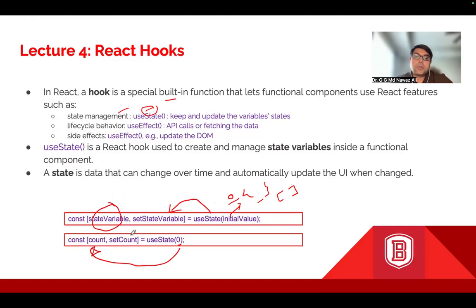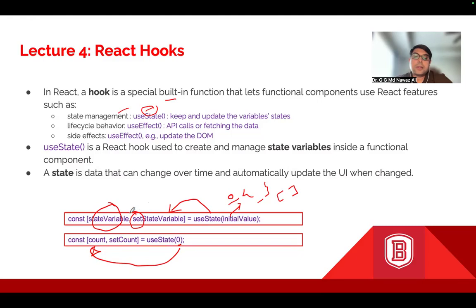Okay, and then useState also returns a function. Okay, the setCount, for example, here. So usually we write the name of the function as set followed by the variable name. I mean it's just a convention.